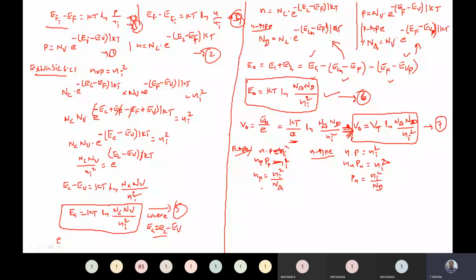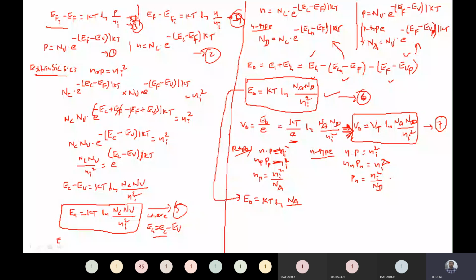Right. Now using these two equations, let us represent E naught in another way. Now tell me, anyone, can you tell me what is E naught in another form? E naught is equal to KT ln Na Nd by Ni square according to the sixth equation. I am writing Na as it is, and in the denominator Ni square by Nd.